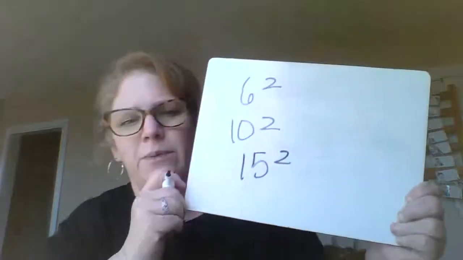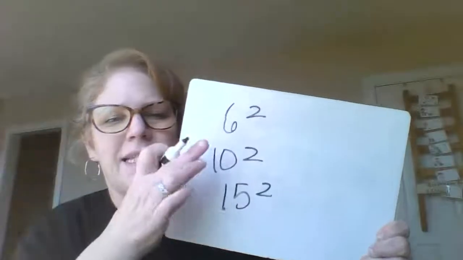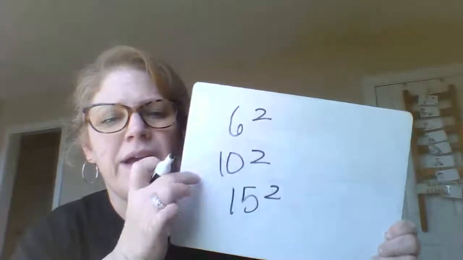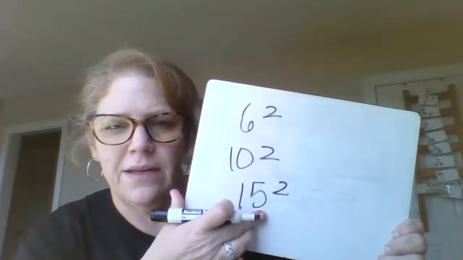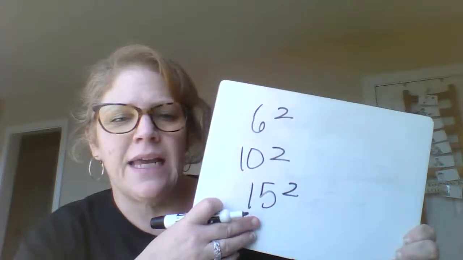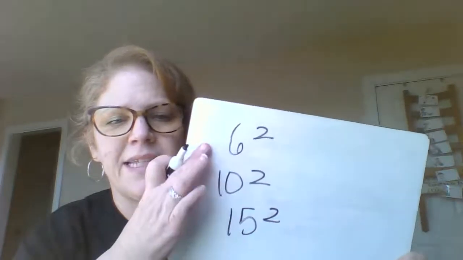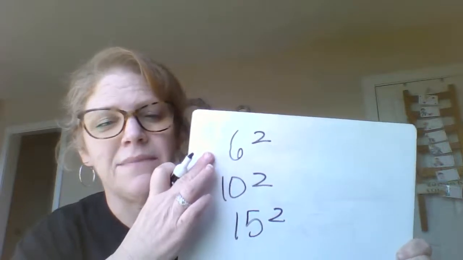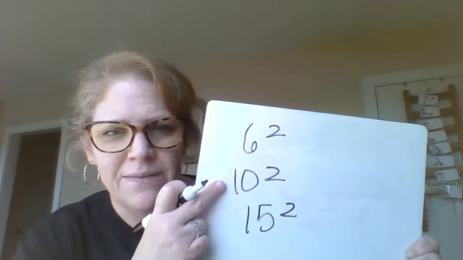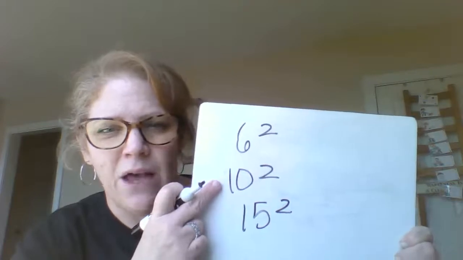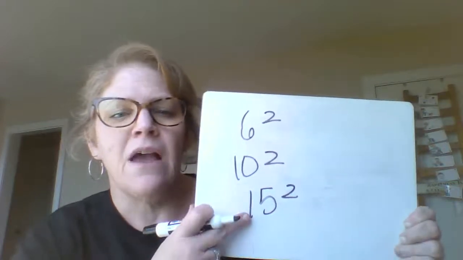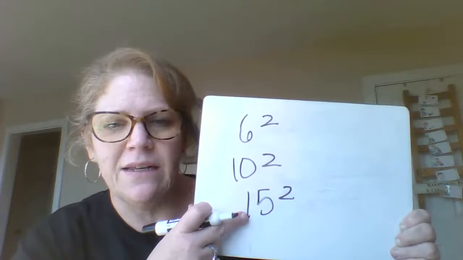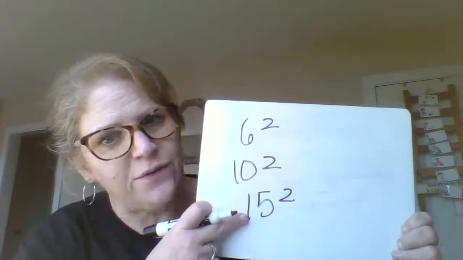All of these are expressed the same. It's 6 squared, 10 squared, or 15 squared. Basically, it's 6 times 6, which is 6 times itself 2 times. 10 times 10, which is 10 times itself 2 times. 15 times 15, which is 15 times itself 2 times.